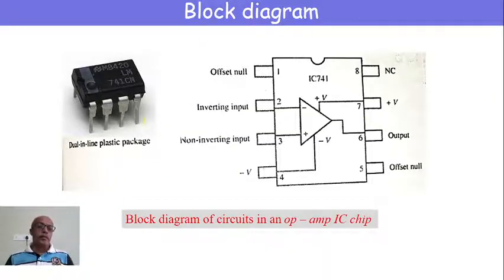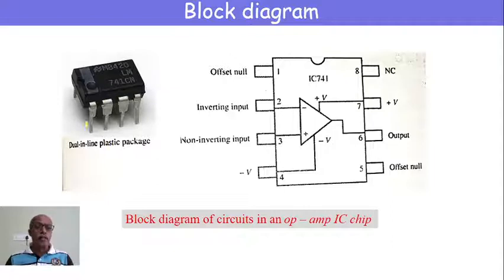Next, this represents the actual integrated circuit op-amp. It is a 741CN. We have different types of operational amplifiers, among which 741CN is mostly used. C represents the commercial operational amplifier.